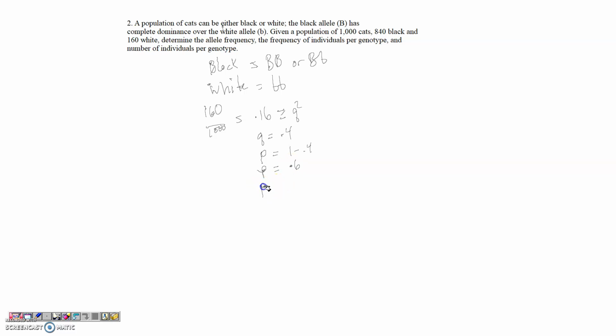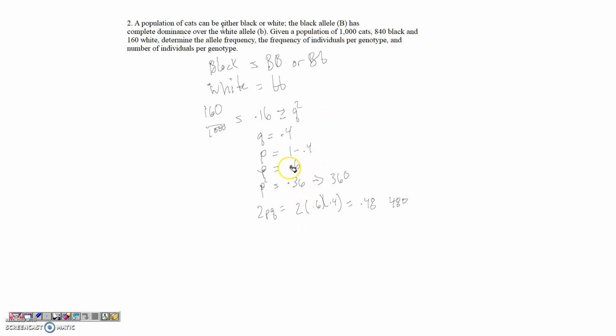That means p squared is 0.36, which means 36% of this population will be homozygous dominant, and that will be 360 out of 1,000. And 2pq, the heterozygous individuals, is 2 times 0.6 times 0.4, or 0.48. 48% of that population will be heterozygous, for a total of 480 individuals out of 1,000.